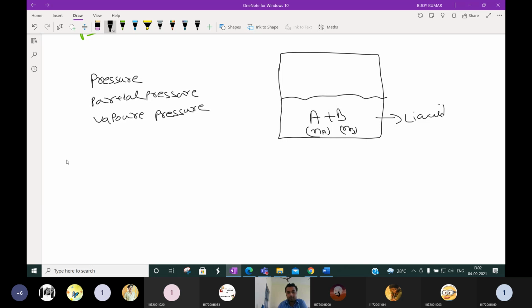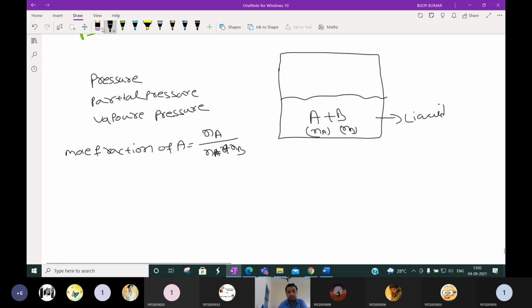So what is the mole fraction of A? Can anyone say? It is nothing but moles of A by total moles, which means Na by Na plus Nb.